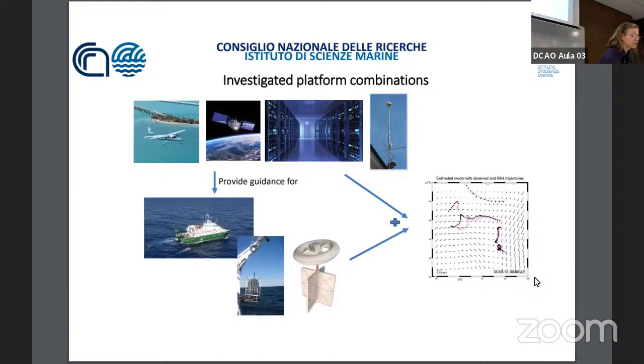In this panel on the right, we see an example of Eulerian field from an HF radar. And in pink and in black, we see the observed trajectories with drifters and the simulated trajectories that have been corrected by adding the information of other drifters that have been deployed in the same area. And in this way, we improved the estimates of the dispersion.